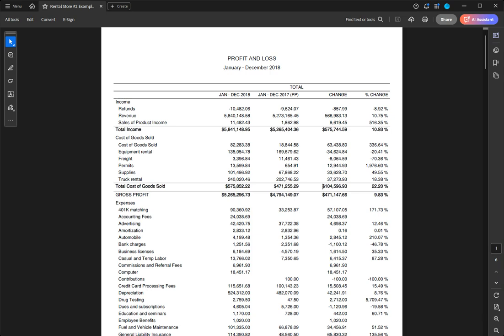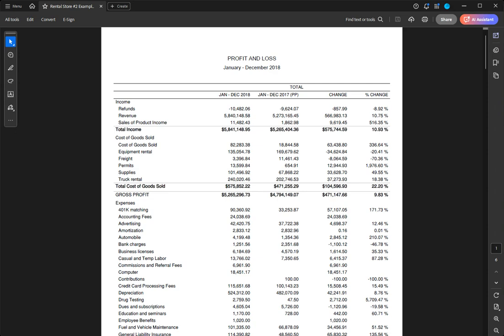We want to make sure that when our revenue is increasing, we don't have surprises of cost of goods sold increasing even faster, so that in actuality we don't have the money that we thought we had. When those two things are netted together, we still have a $471,000 increase in gross profit.